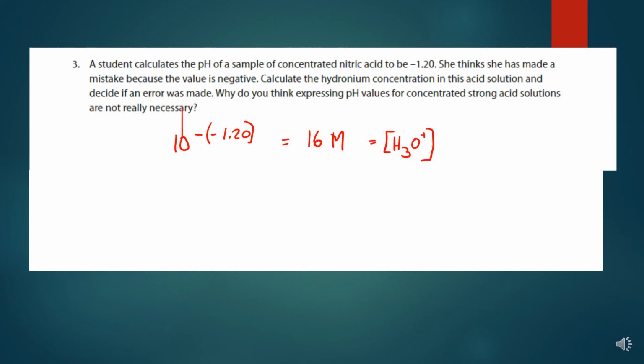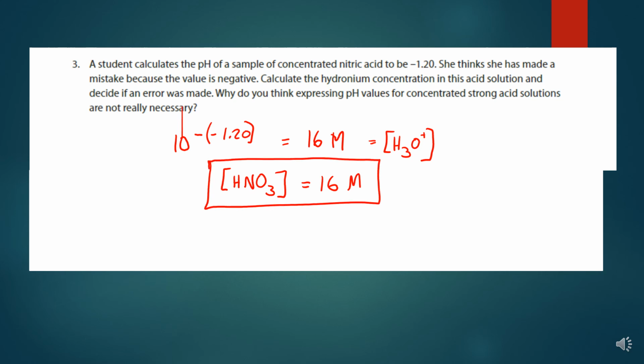So it is possible to get a negative pH. Doesn't happen all that frequently, but with a strong acid, it definitely can happen. So I can conclude that the concentration of that nitric acid is something that I'd probably find in a chemical storeroom, 16 molar solution, and yes, that is possible.